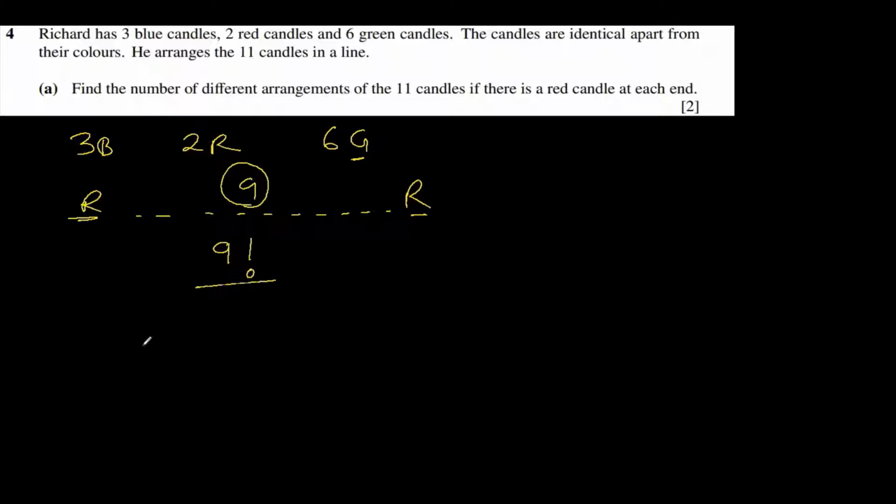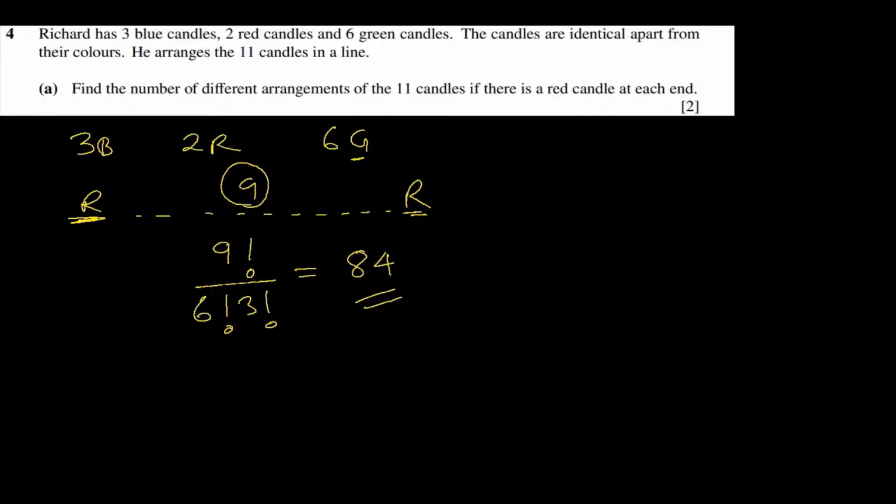Straight away write 9 factorial. But 6 green candles are similar, so we'll divide it by 6 factorial, and 3 blue are similar, so we'll divide by 3 factorial also. So whatever number that gives, we will not change R and R with each other also. So let's see what our calculator gave. And it comes out to be 84 arrangements.